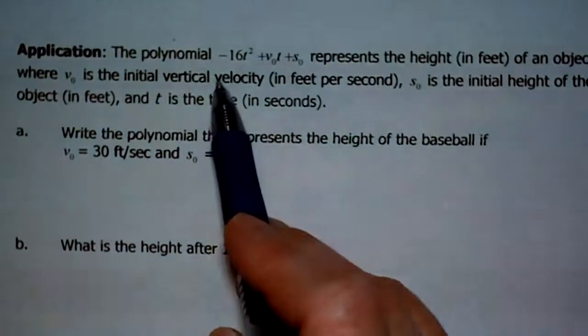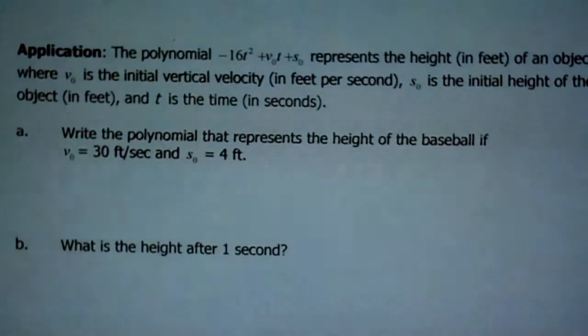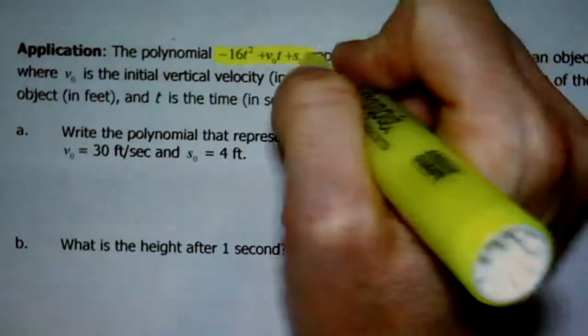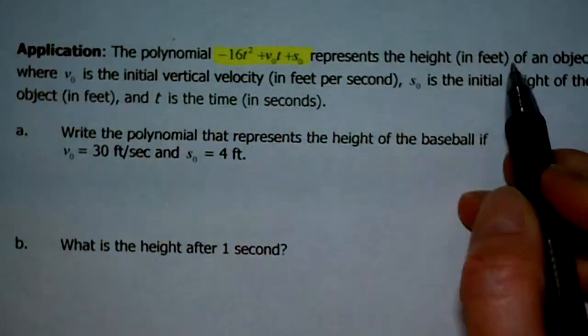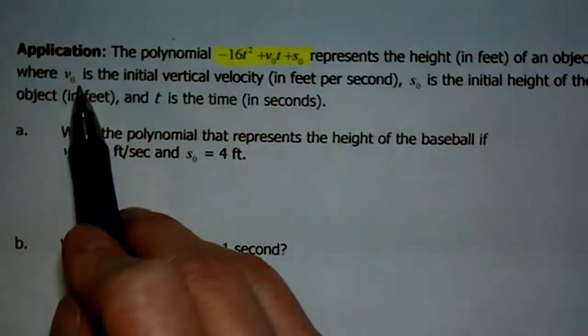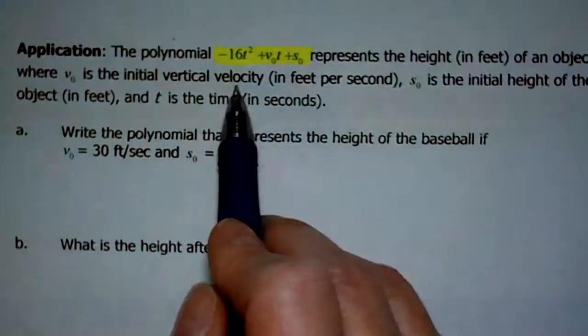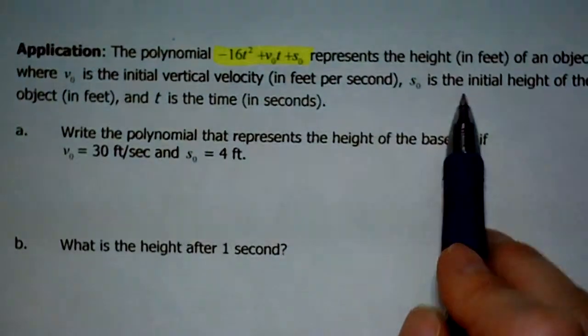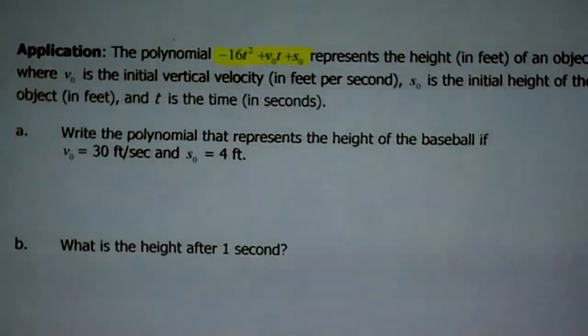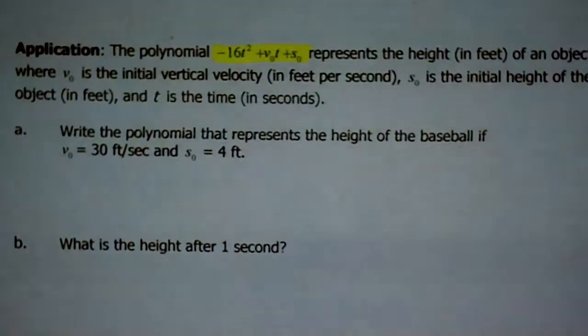So I give you a polynomial up here, negative 16t squared plus v sub 0t plus s sub 0, which represents the height in feet of an object where v sub 0 is the initial vertical velocity in feet per second, s sub 0 is the initial height of the object in feet, and t is the time in seconds. Whew! Doesn't this seem like fun? I know. It's not too bad, actually.